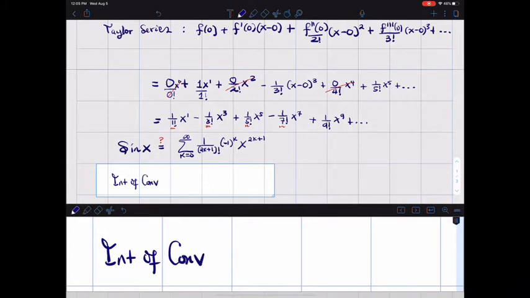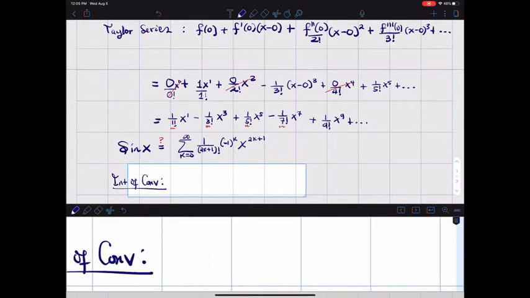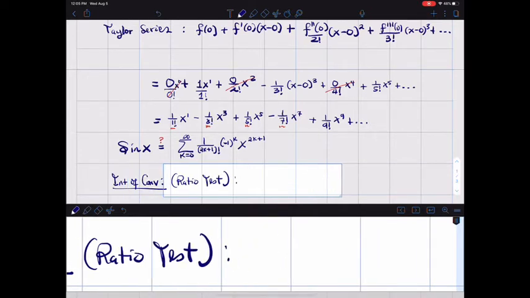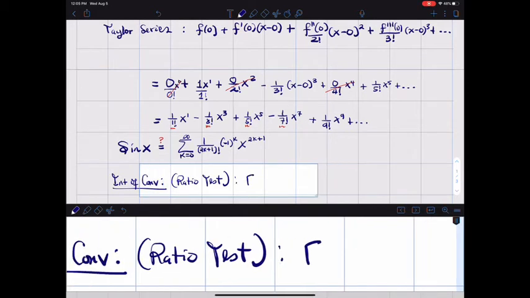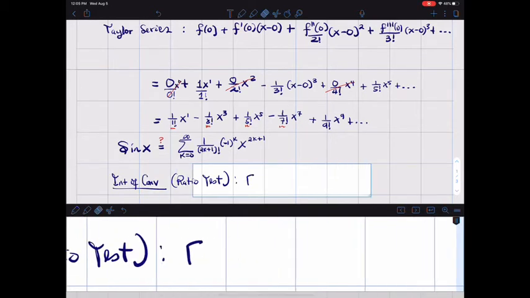If we use the ratio test, we begin with R as the limit as k goes to infinity of a_(k+1) over a_k.